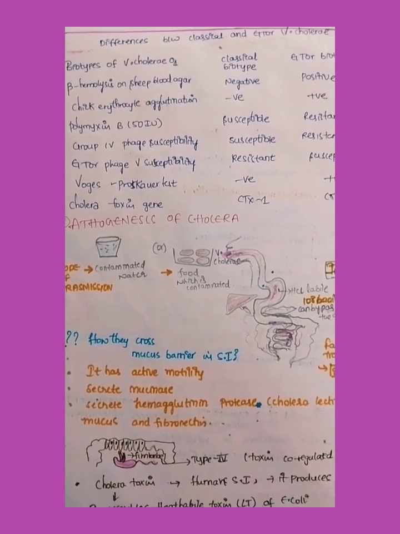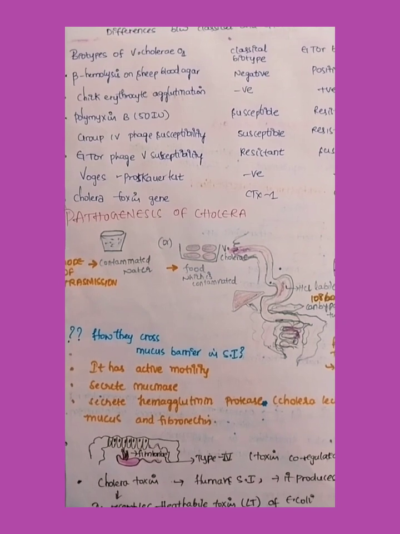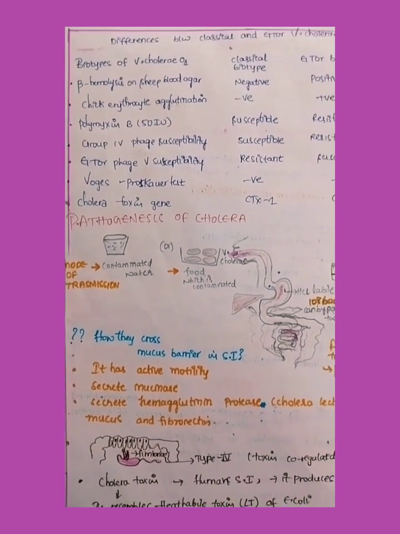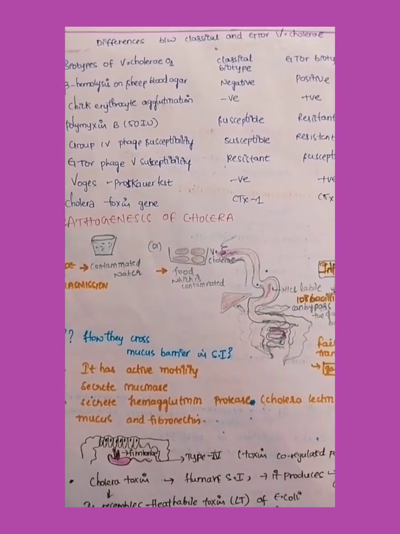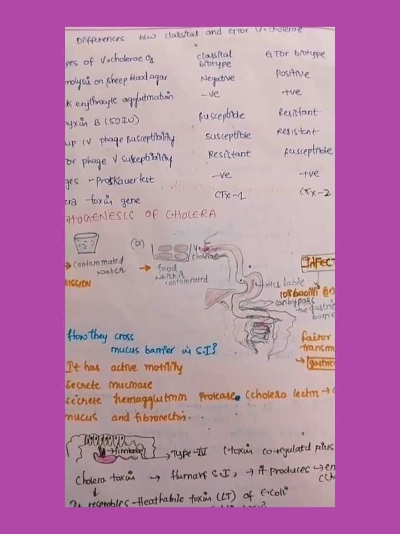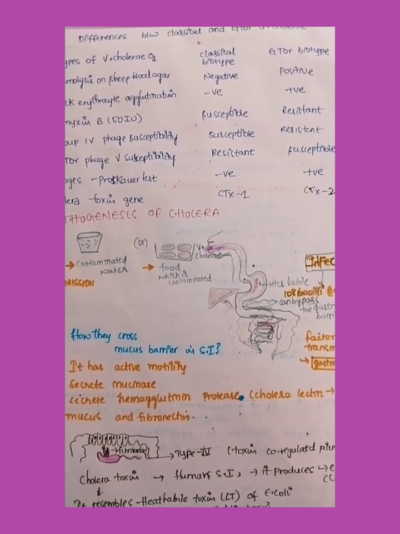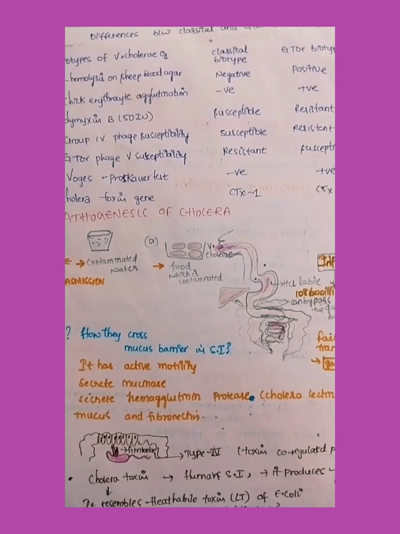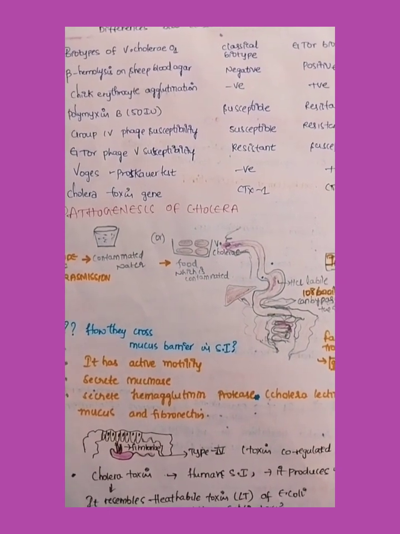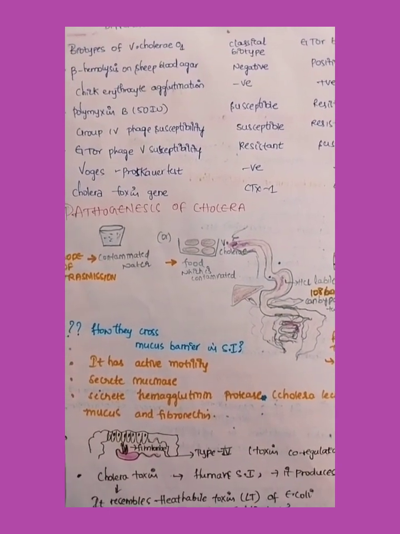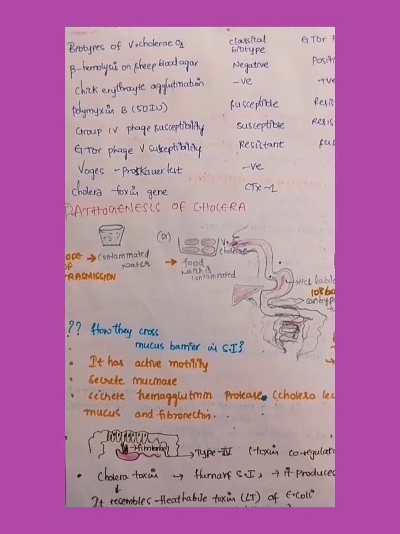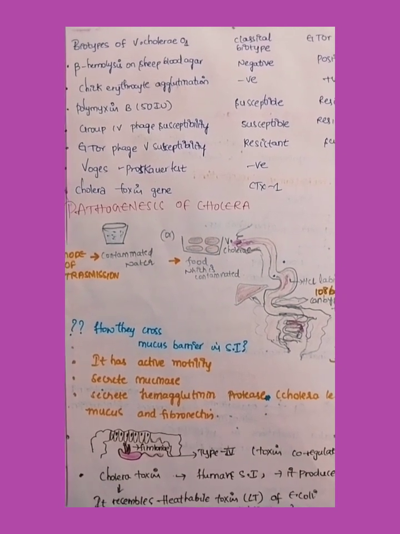Chick erythrocyte agglutination is seen with El Tor, not with classical. With polymyxin B 50 international units, El Tor is resistant but classical biotype is susceptible.